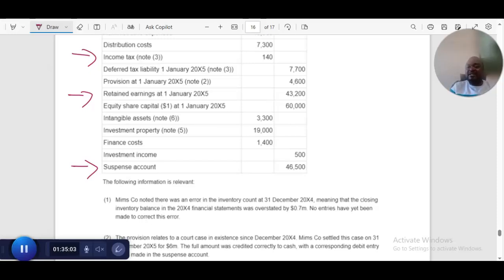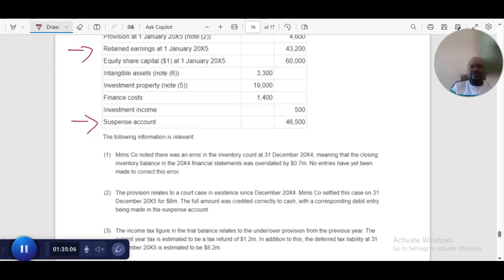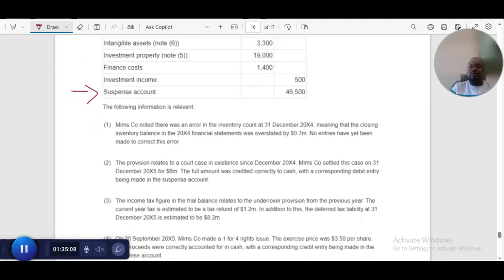So let us attack the notes, because these are the workings or adjustments to the figures given. Okay, because we are told that's relevant information. So there could be some adjustments or some more information which the users of financial statements should know.